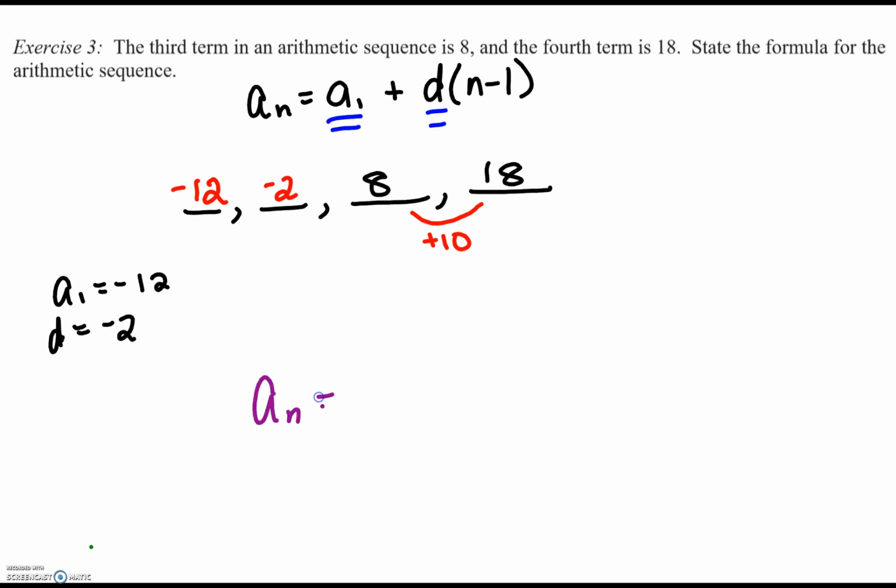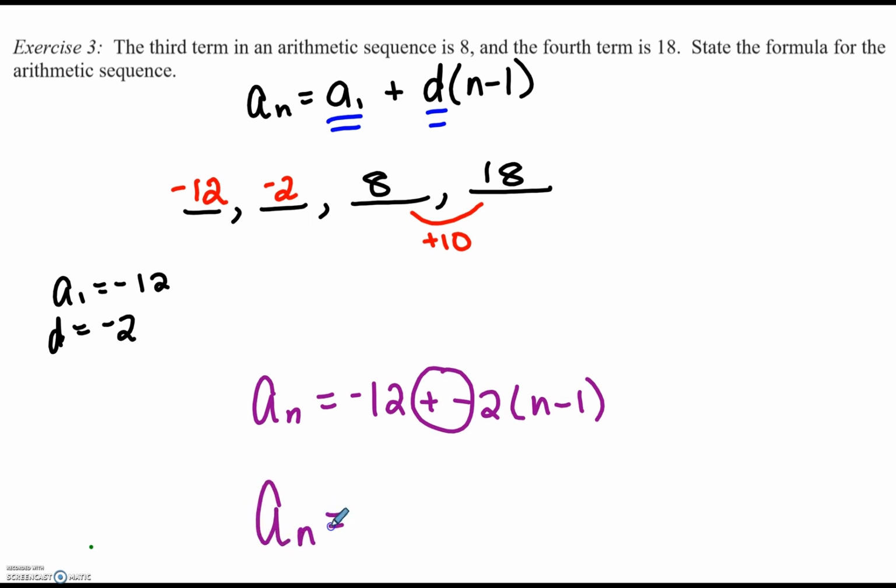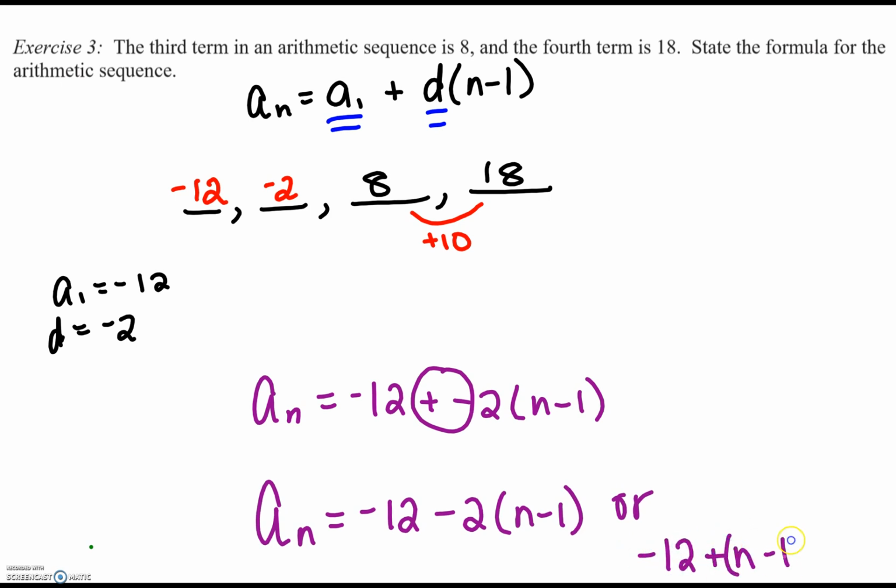So a sub n equals my first term, which is -12, plus -2 times n minus 1. Again, you're not really going to ever see the plus minus, so you would say a sub n equals -12 minus 2 times n minus 1, or you're just going to see it where your d term, your common difference, is on the right side.